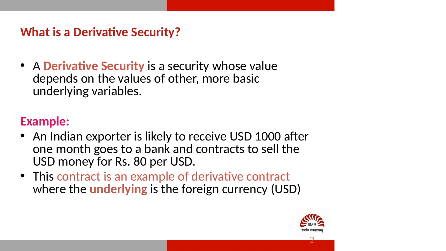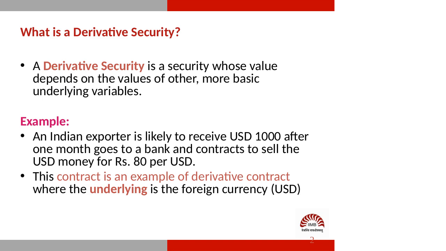So essentially replace the Rs 80 by about 23,000 VND. So what happens is you are entering into a contract which will give you the right to sell dollars to the bank 1 month from now, and for which you will earn 23,000 or maybe 24,000 VND.